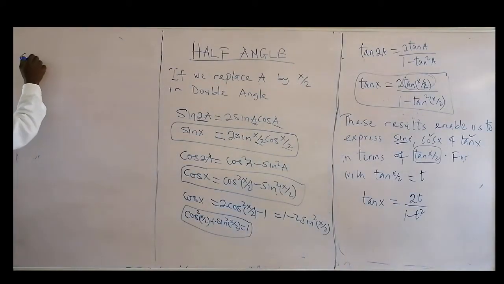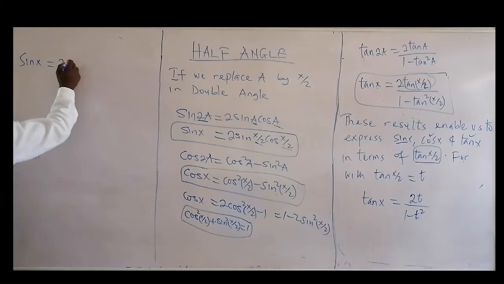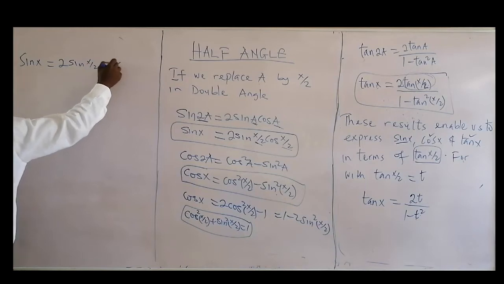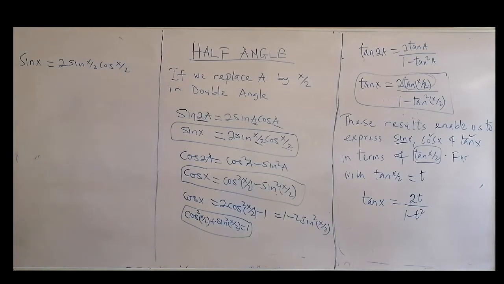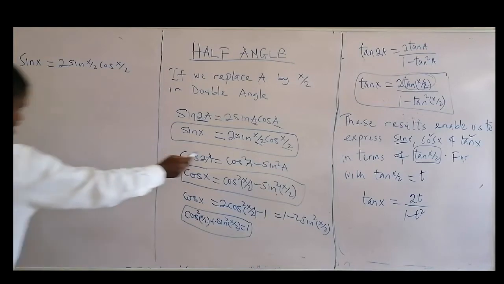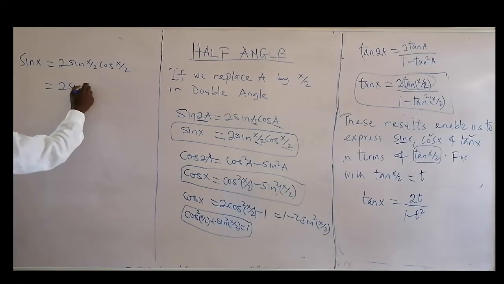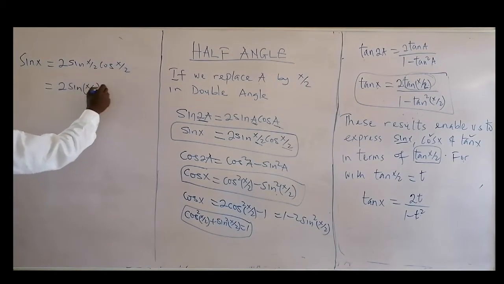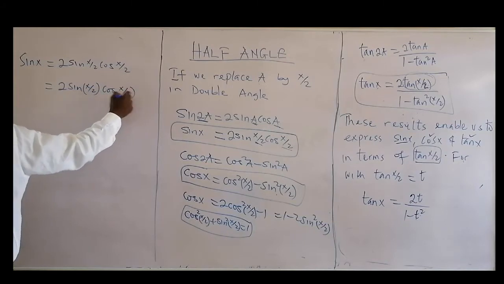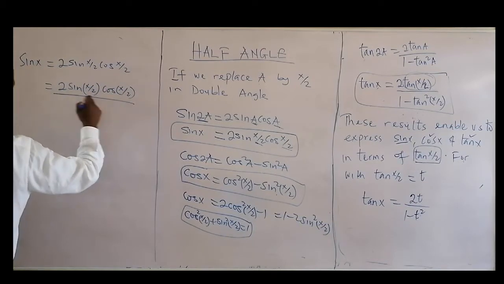Let's see sin x. Sin x is equal to 2 sine x over 2 cos x over 2. It's already established. Then this will be equal to 2 sine x over 2 cos x over 2 all over 1.